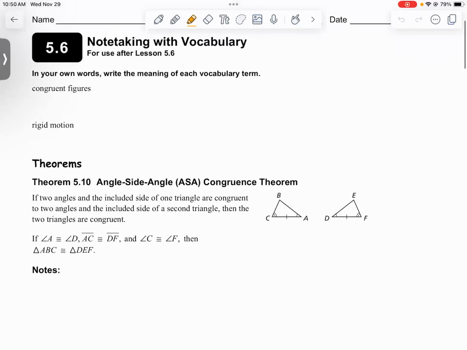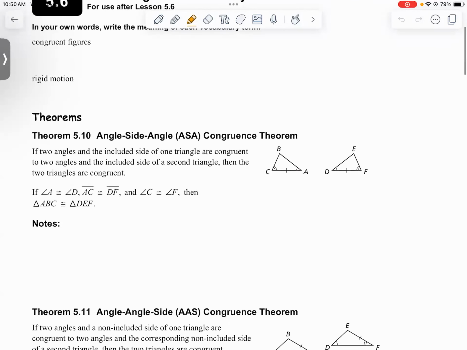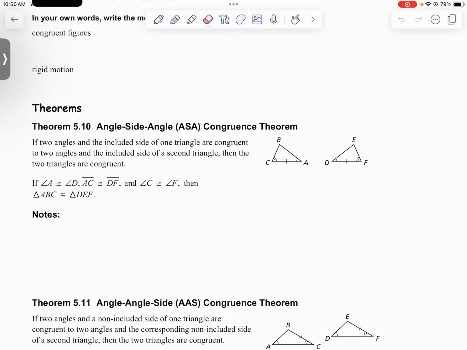The first one is angle, side, angle congruence. So we have two pairs of angles that are congruent, and the included side is congruent.